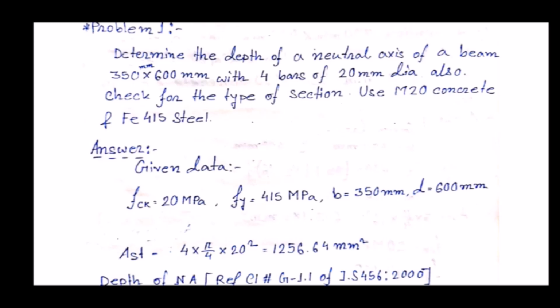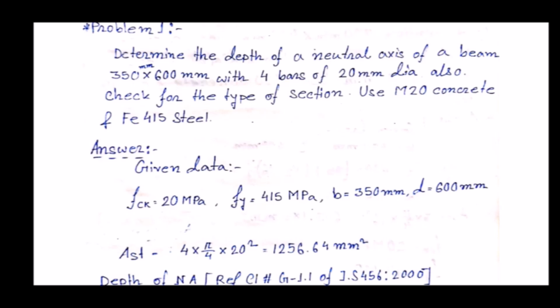First of all, we have to find out the area of steel. Look, in the question, the diameter of the reinforcement bar is given, that is 20 mm. So the cross sectional area of any circular section is, we know, pi by 4 d square.